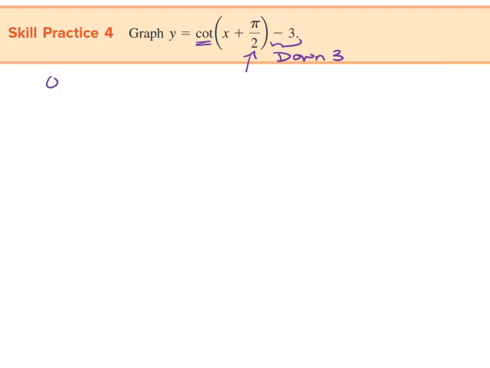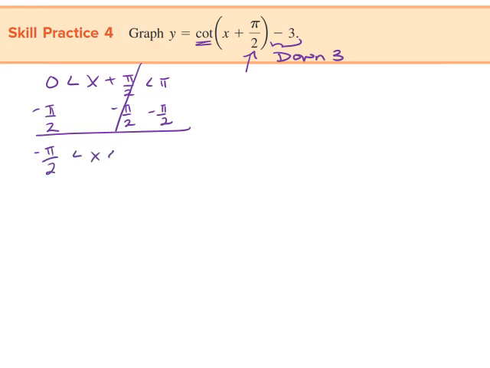So remember, with cotangent, we are going to sandwich the argument between 0 and pi. I'm going to subtract pi over 2 from all sides. So my first asymptote will be at negative pi over 2, and the other one will be at positive pi over 2.